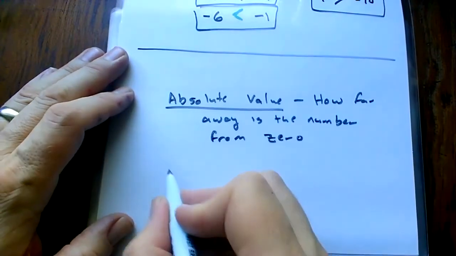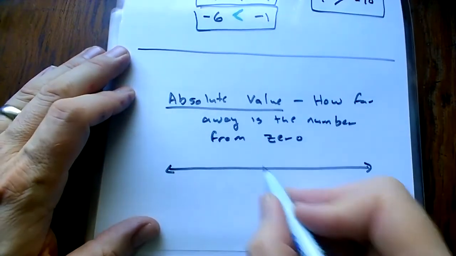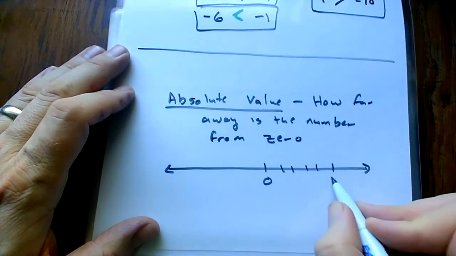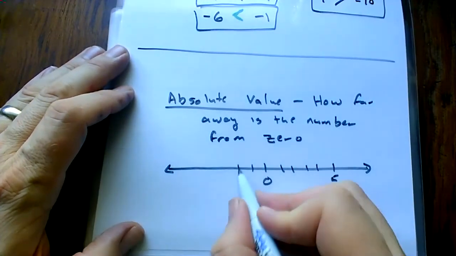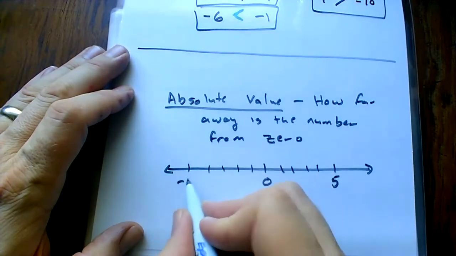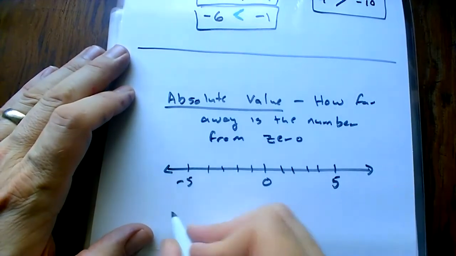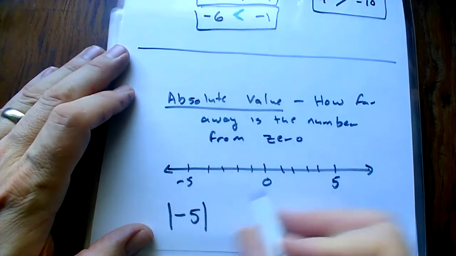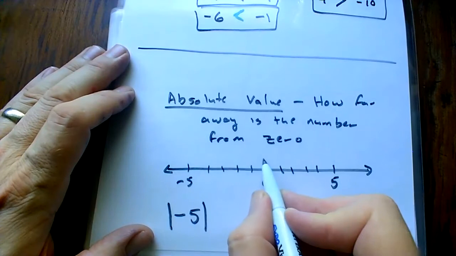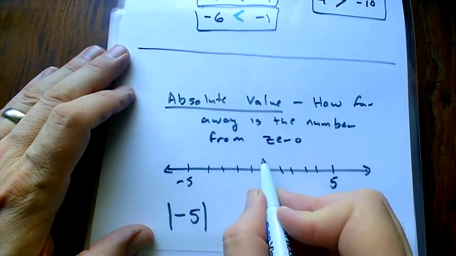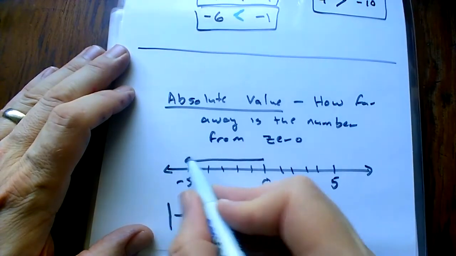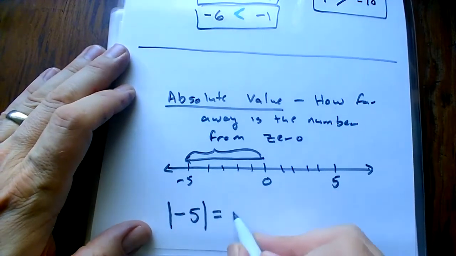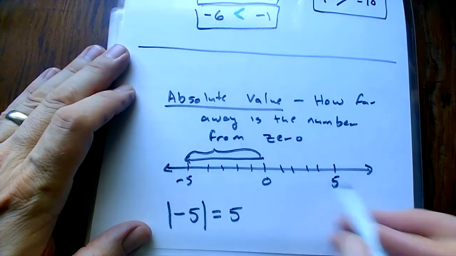So if I've got something like 0, and say I've got 1, 2, 3, 4, 5, and 1, 2, 3, 4, -5. If I were to take a look at the absolute value of -5, I'm not looking at this as moving backwards. I only care about the length of this thing. This is 5 long, so the absolute value of -5 is 5.